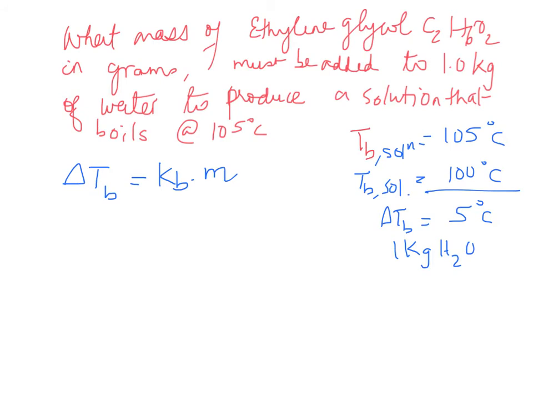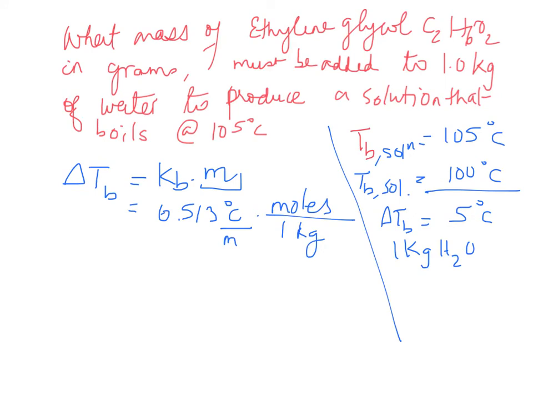In a test, of course, that value will be provided to you. For the case of water, that value is 0.513 degrees Celsius per molal. And we have defined the molality as moles of solute divided by kilogram of solvent, which, by the way, is 1 kilogram. That's the value that we have been provided.